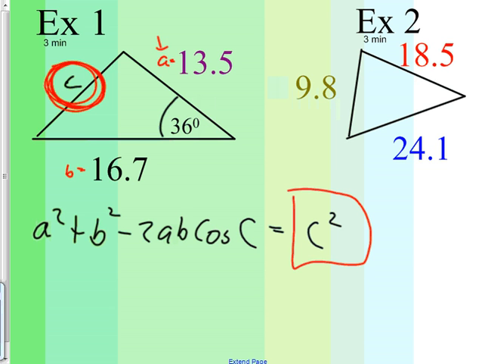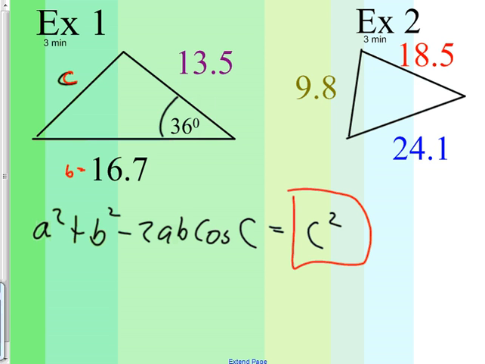At that point, if you had two angles and a side, then law of sines is way easier. Right now you are solving for C.